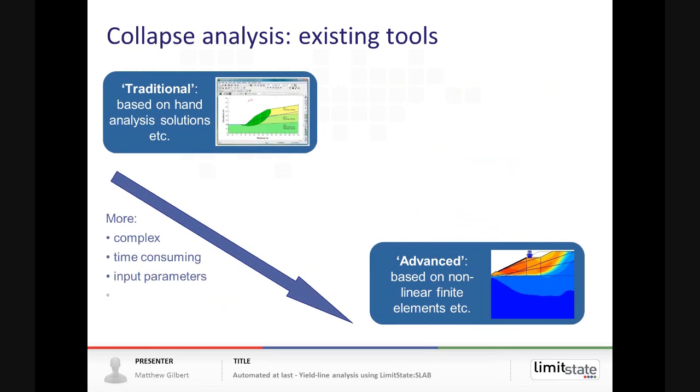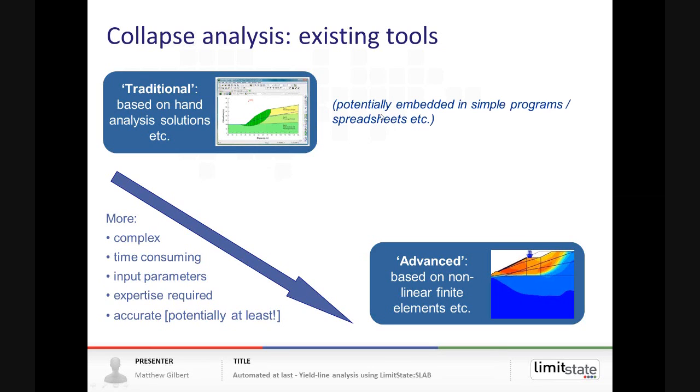So let's have a look at the sort of landscape when it comes to collapse analysis in a number of different subsectors. So, for example, if we're doing a geotechnical analysis, we've generally had polarization between traditional hand calculation methods or automated hand calculation tools on the one hand, and what you might call advanced tools, which use techniques such as nonlinear finite elements, at the other extreme.